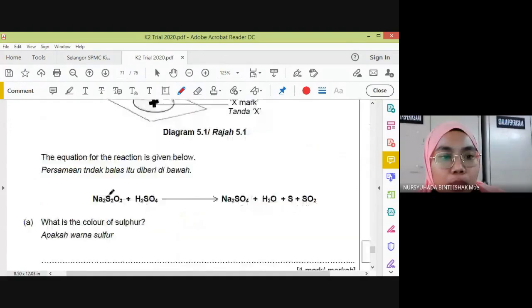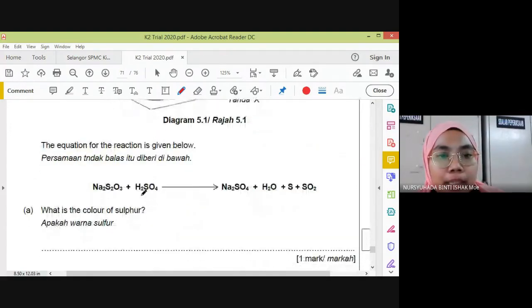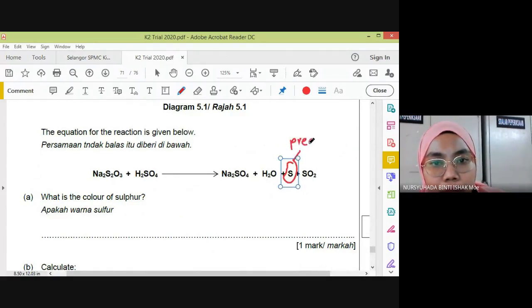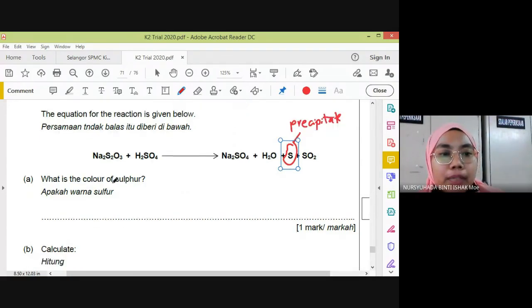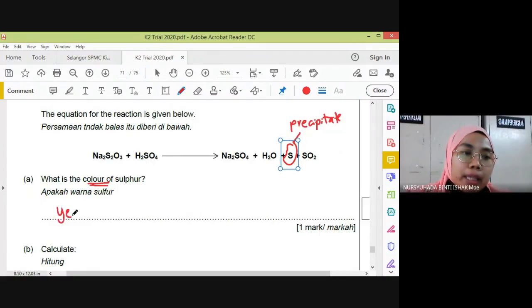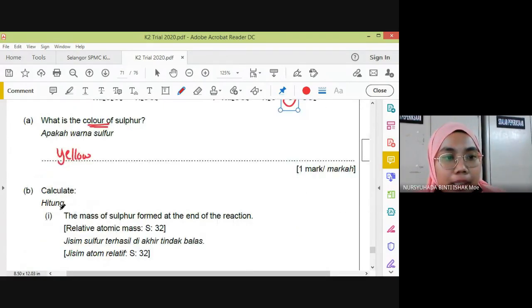Okay, the equation below: sodium thiosulfate plus sulfuric acid dapat sodium sulfate, water, sulfur and sulfur dioxide. So sulfur ni lah adalah precipitate. So apa color sulfur guys? Yellow, pandai.